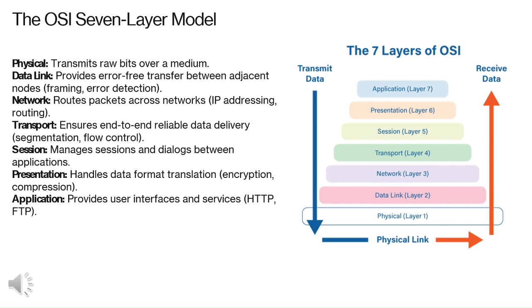It was created in 1984, and it is still used today as a teaching and troubleshooting tool. Each layer has specific jobs and only talks to the layer directly above and below it. Think of the seven layers as floors in a building. Data starts at the top in the application layer and travels down to the physical layer to be sent over the wire. On the receiving side, it climbs back up. This layered approach makes networks modular and easy to fix.